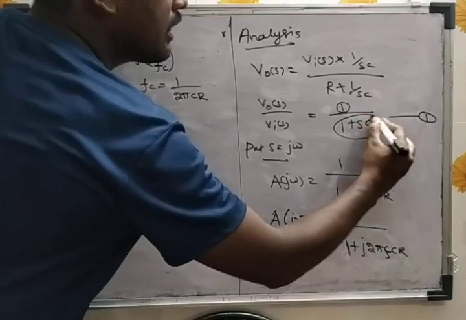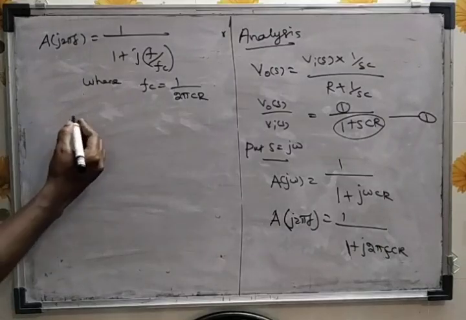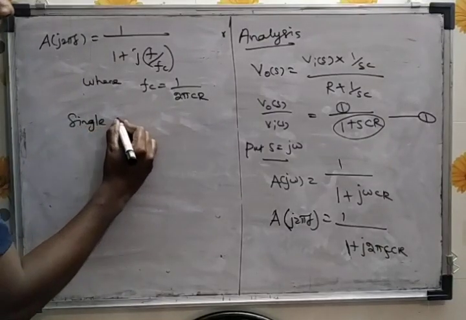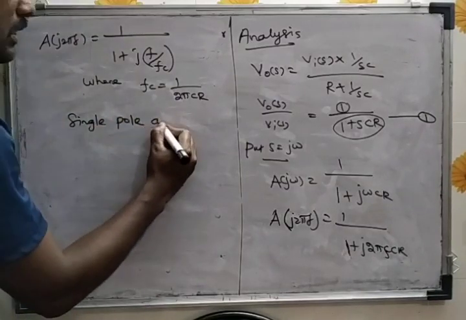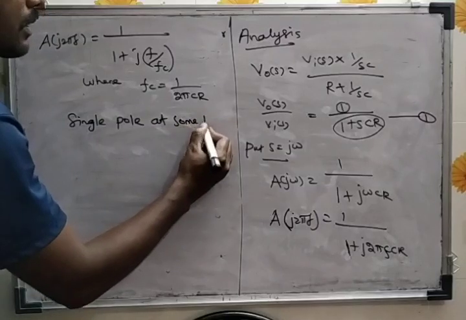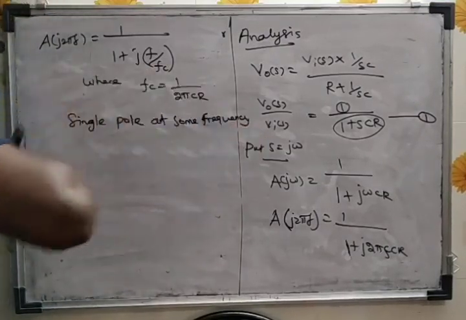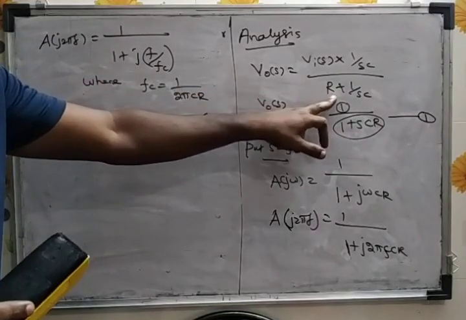If you equate the denominator part to 0, you will get the pole. So you have a single pole at some frequency, and you have a constant numerator.